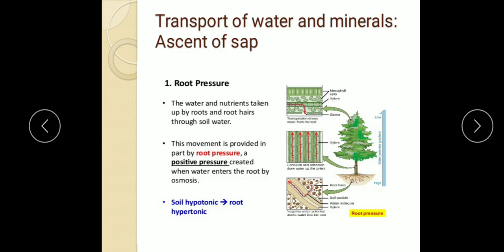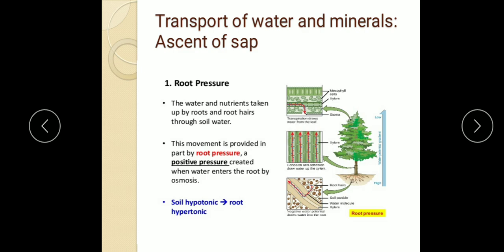Now what happens, the same process is there, the concentration of the water in the soil particle is more than the root. So as per the concentration gradient, water moves from soil particles to the root hair, then to the root, and further as it goes up, the same process, cell to cell osmosis, takes place.